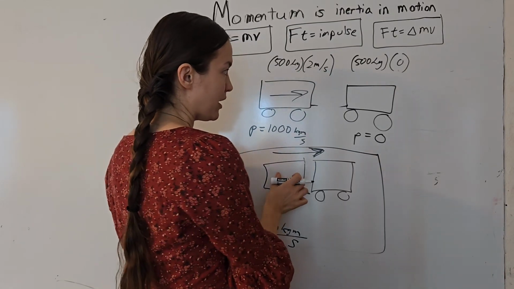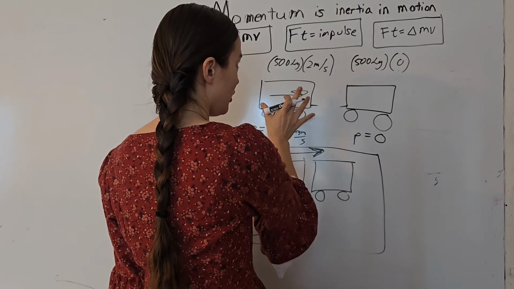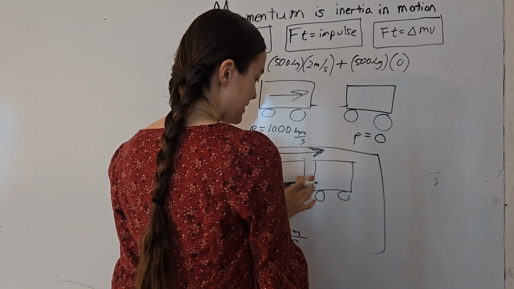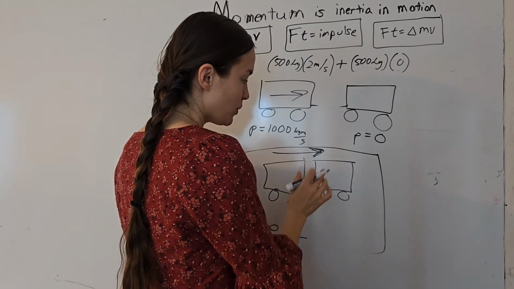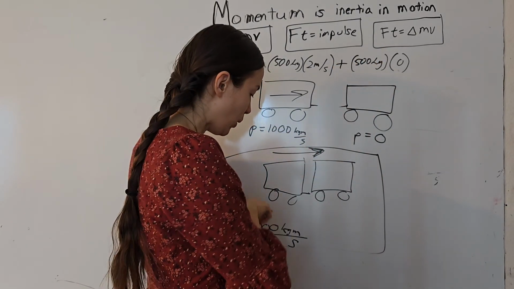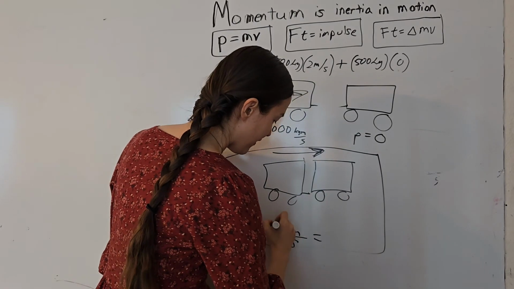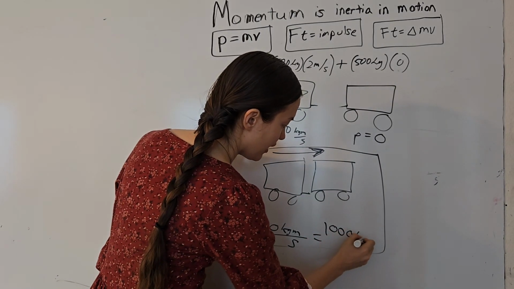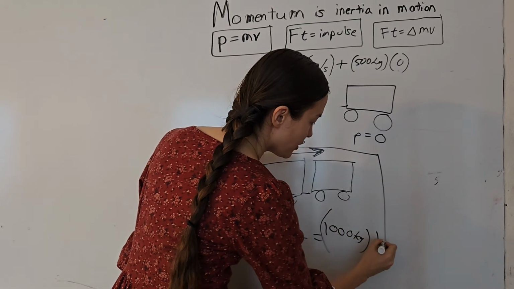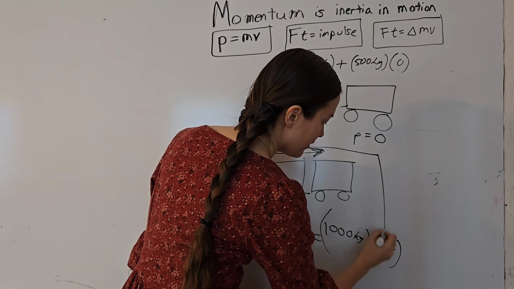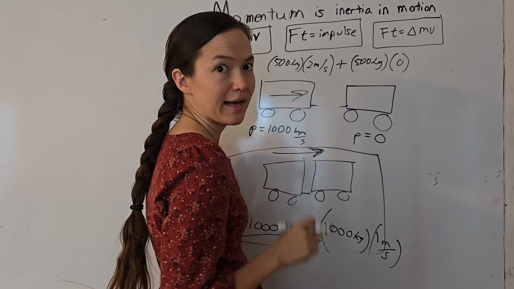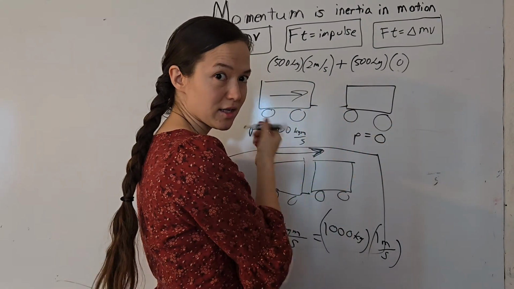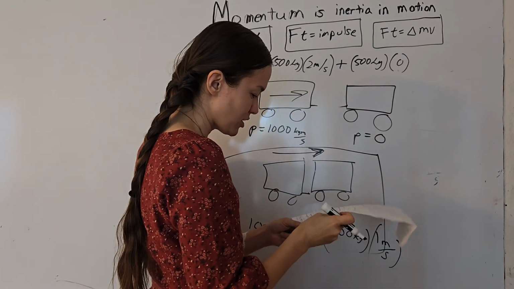Before, we only had 500 kilograms moving, but now we have 1,000 kilograms, so we know exactly how fast they're going. They're going 1 meter per second in this direction. An elastic collision is if they bounced away from each other, and then you would have to subtract, because their directions are different.